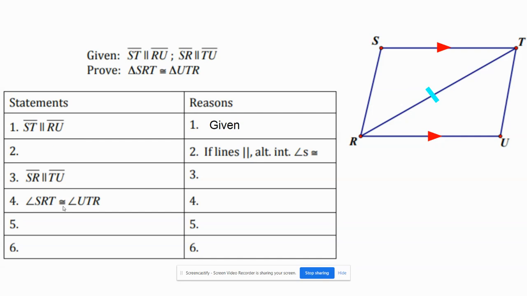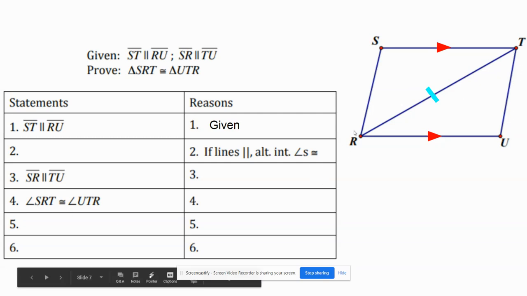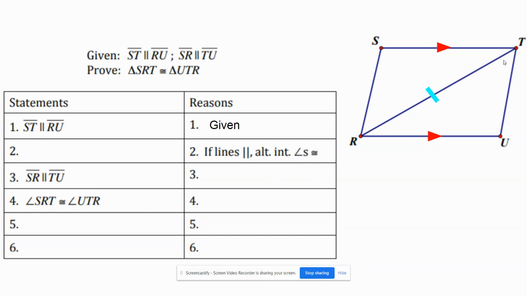So down here, and this is because it's a fill in the blank proof, I talk about angle SRT and UTR later on. That means it's not this angle here and this angle here. It's the other side of that.